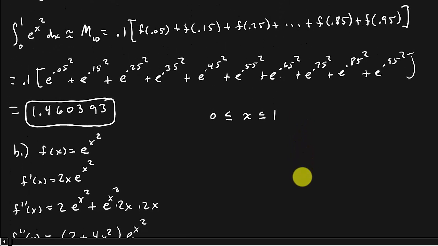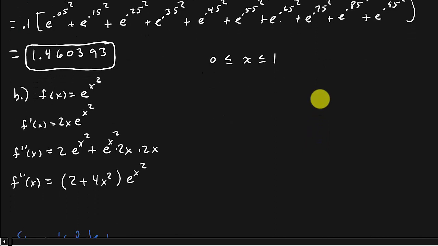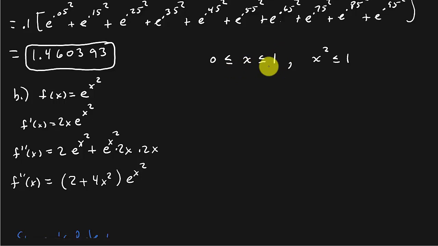Okay, we know that because there's our limits on our integral. And so one thing that tells us is that x squared is going to be less than or equal to 1. We all agree with that because we're plugging in a decimal or 1. So x squared is less than or equal to 1.